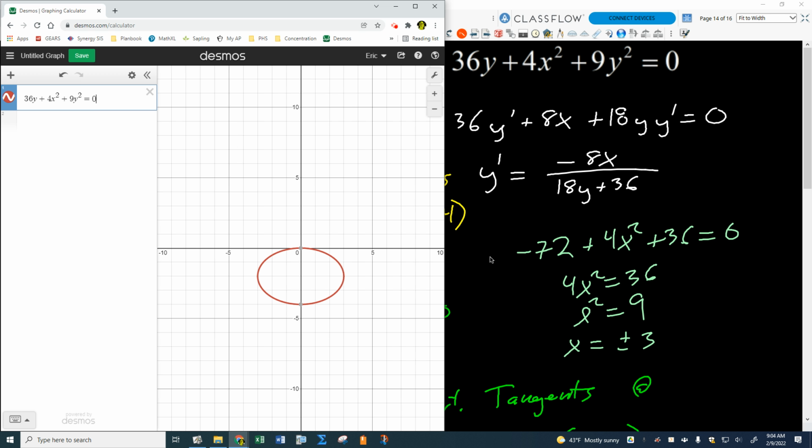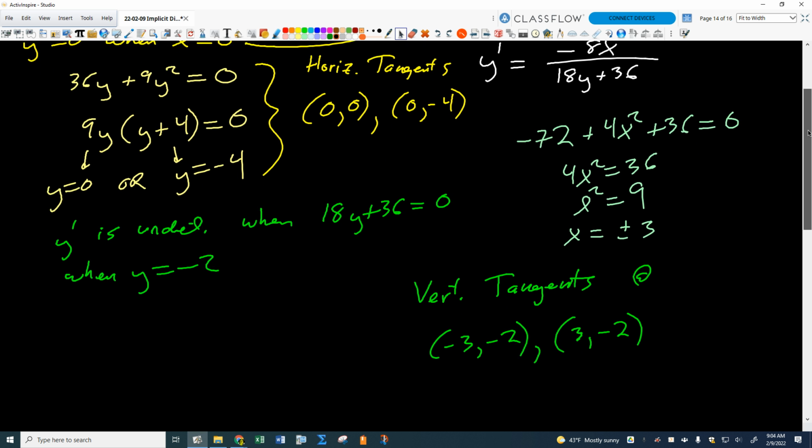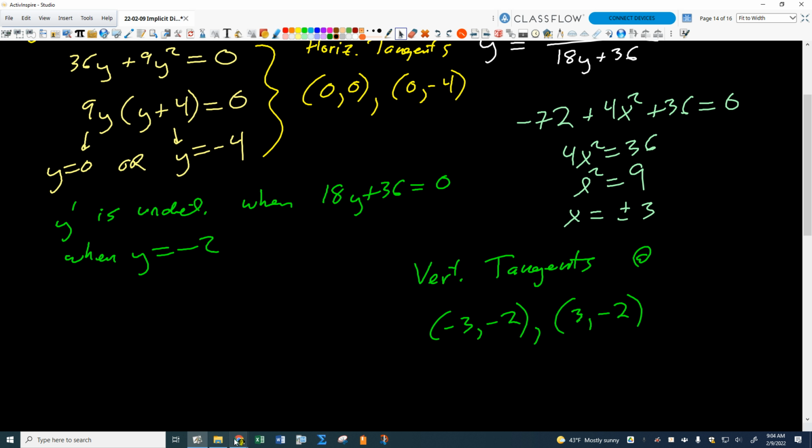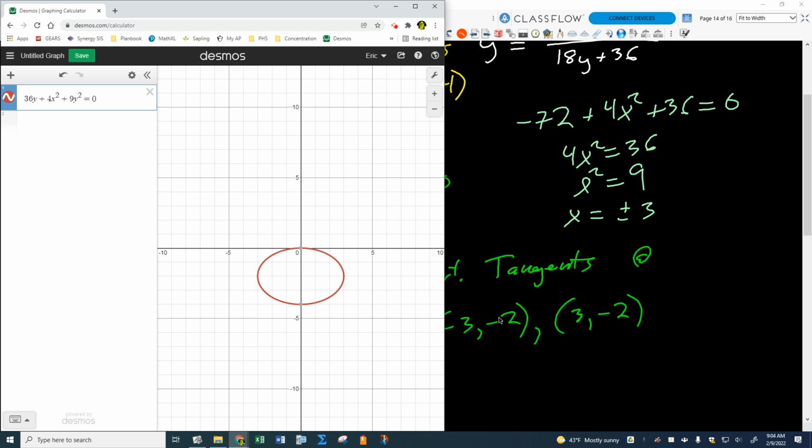And we want to check our points just to make sure. So we had points at negative 3, negative 2, and positive 3, negative 2. And sure enough, we can see those are the places where we have vertical tangents, can't we? Right?